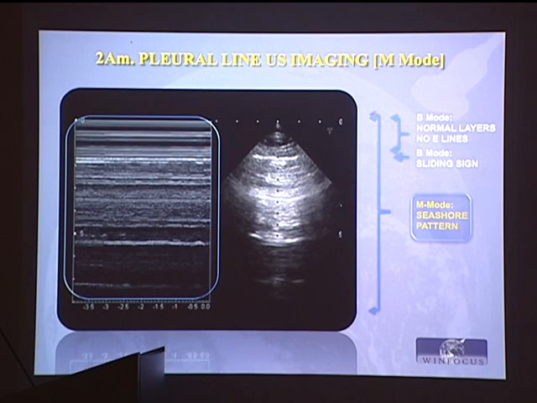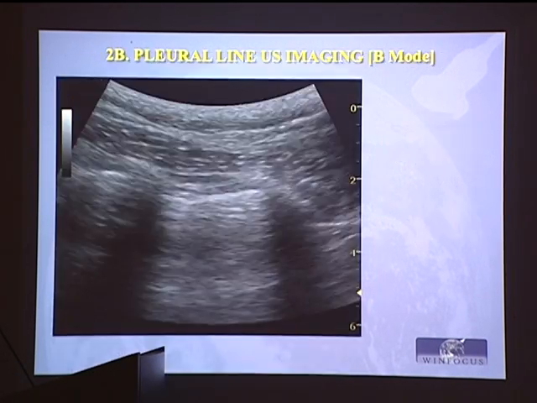So what in the two-dimensional view is the sliding sign, in the M mode, just this picture is the seashore sign. So seashore sign and lung sliding have the same physiopathological implication. The lung is mobile and is not collapsed by free air. Okay? So no pneumothorax and no dysventilation, to be clinically clear.